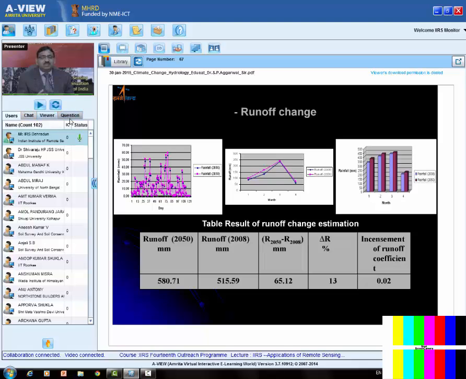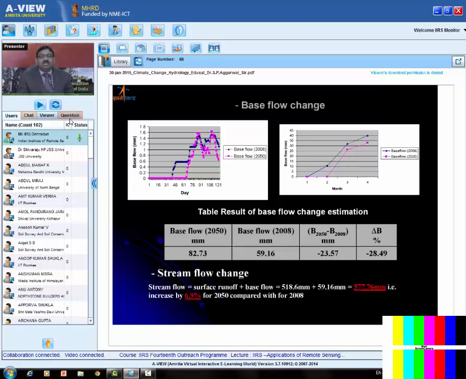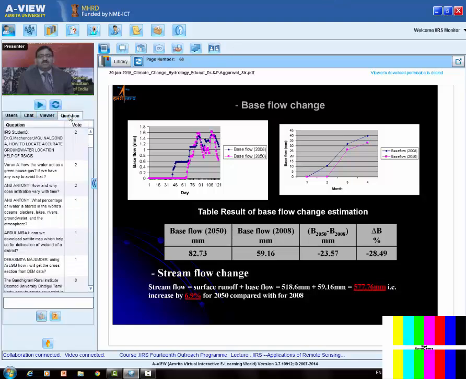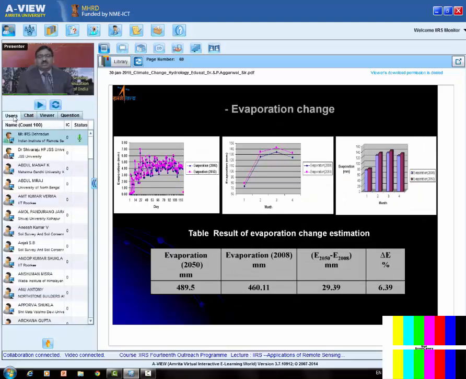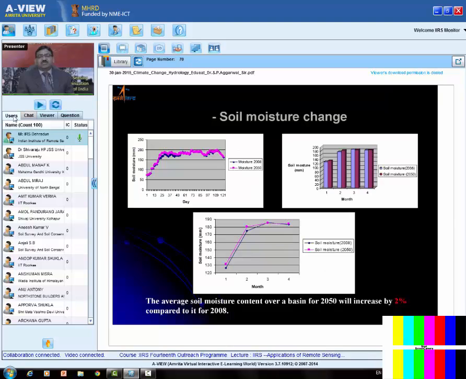So it has a lot of implications. When runoff increases, there is a chance that groundwater recharge will decrease. So we estimated the base flow, and surprisingly we found that base flow will decrease. Then evapotranspiration is almost the same, increasing very little, 6%.